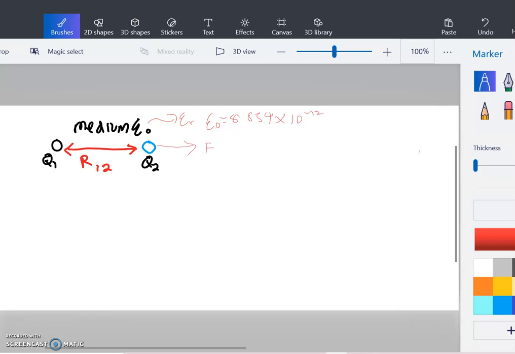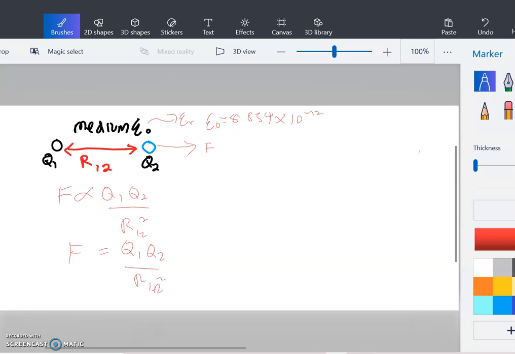The force is proportional to the multiplication of the charges involved and inversely proportional to the square of the distance, in this case R1 squared. Make it into an equation: you have Q1 Q2 over R1 squared.